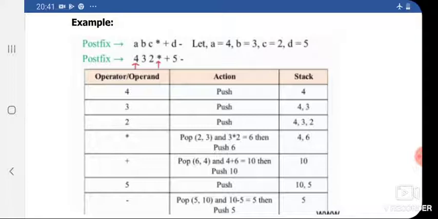By putting these given values, the given postfix expression becomes 4 3 2 star plus 5 minus. Now I read this postfix expression character by character from left to right, and I follow the above mentioned steps.